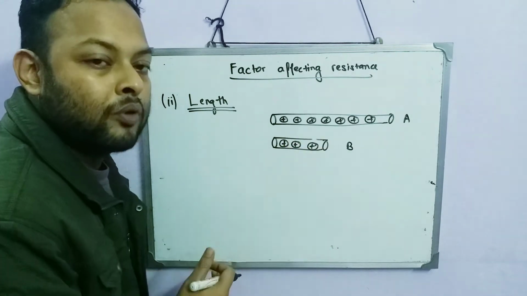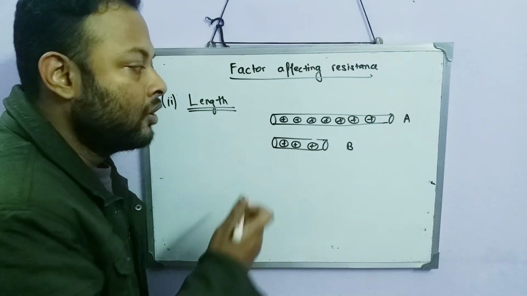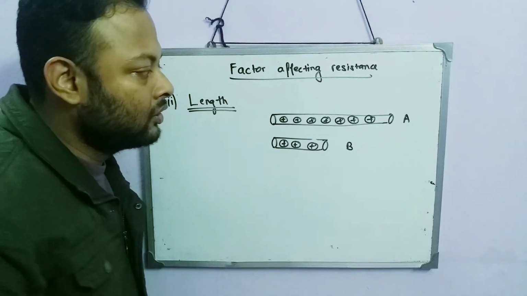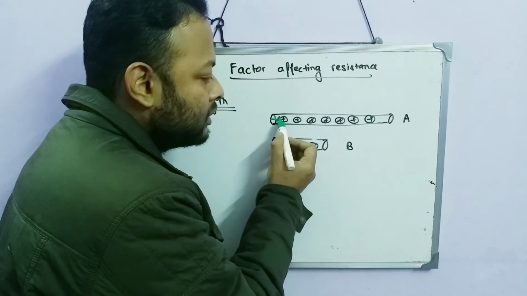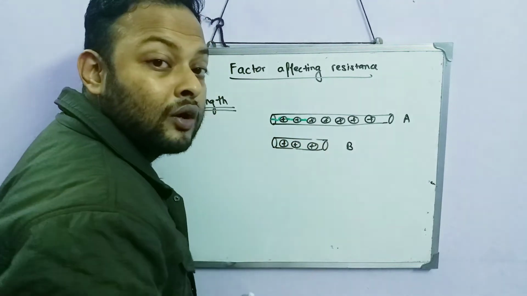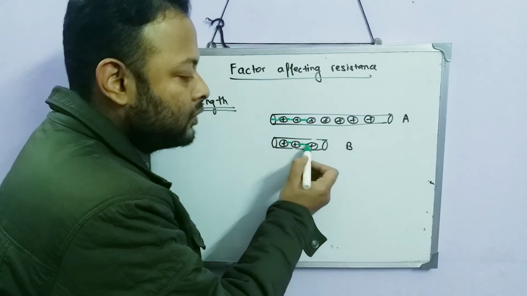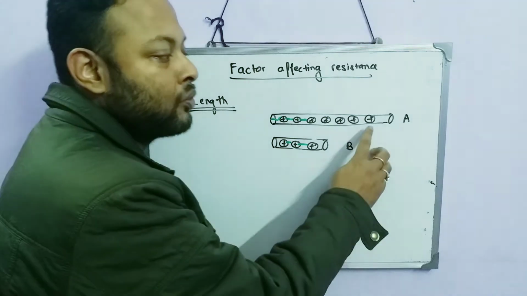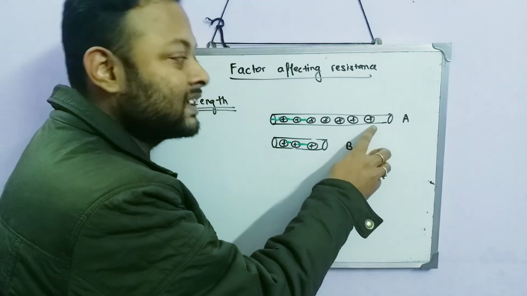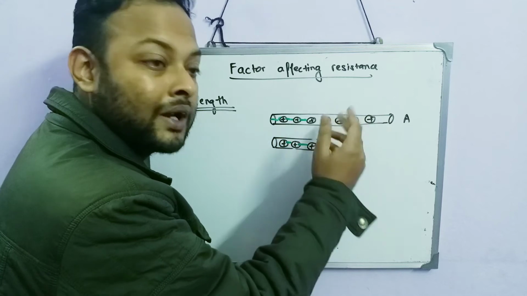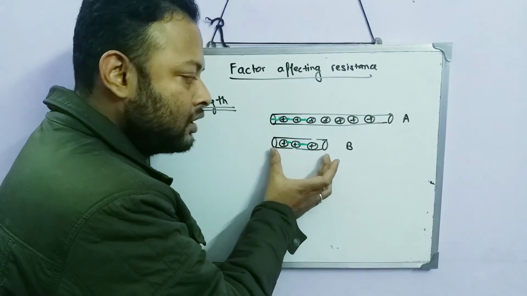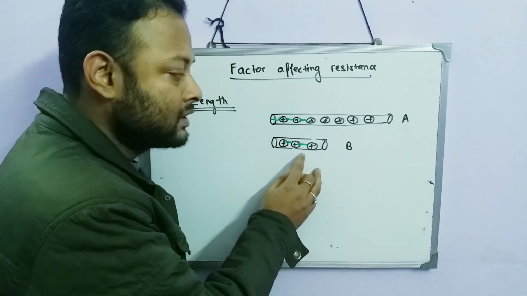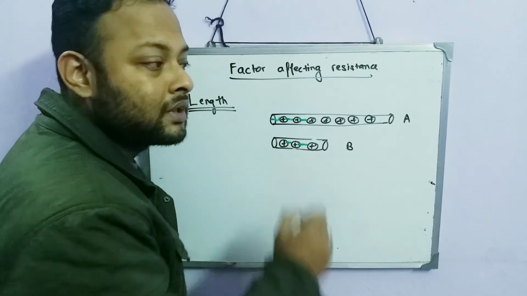If they have more positive ions, then what happens? Suppose you consider an electron which is trying to pass through it. That electron will suffer more collisions here, and over here it will suffer fewer collisions. As it suffers more collisions, the resistance of the longer wire becomes more, and since the small wire has fewer collisions suffered by the electrons, the resistance becomes less.